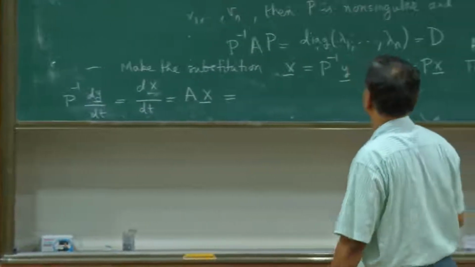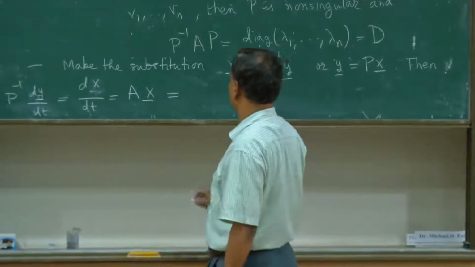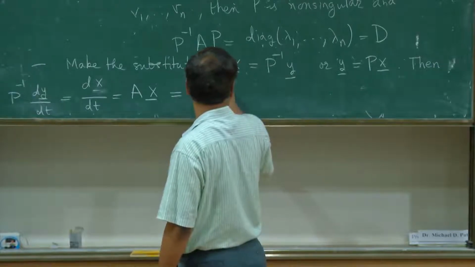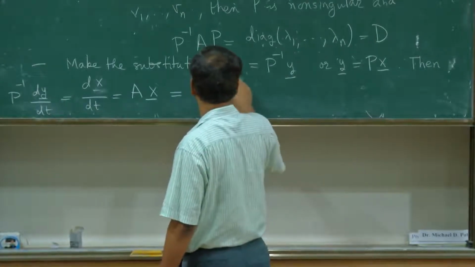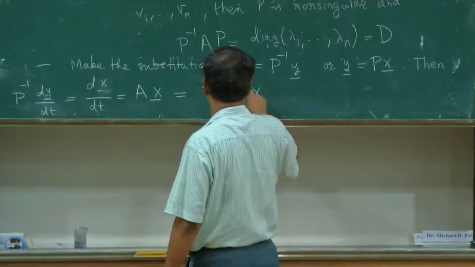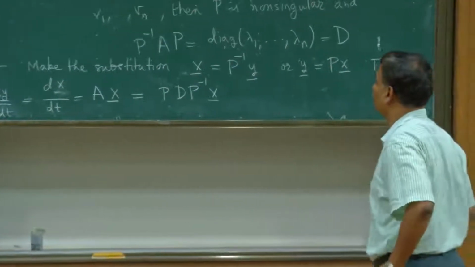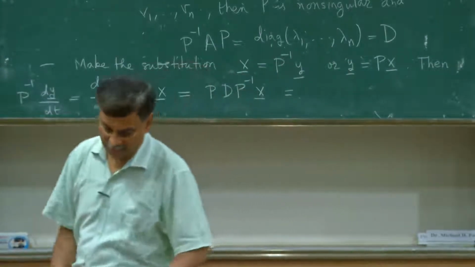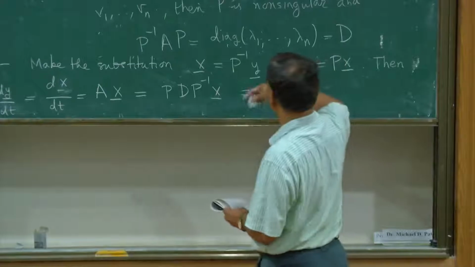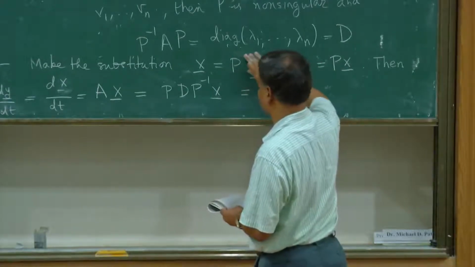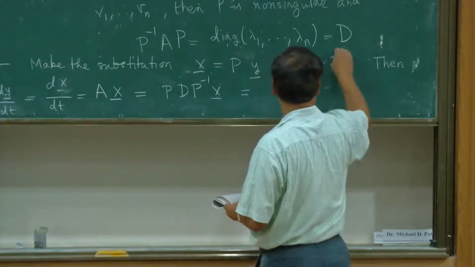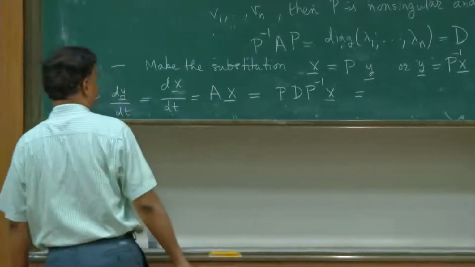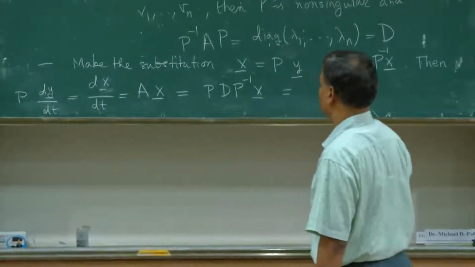On the other hand, what is this A? A is PDP inverse of x, correct? Okay. Sorry, I was worried. I think I make the substitution x equal to Py, okay, or y is equal to P inverse x. So I will get P dy by dt is equal to this.